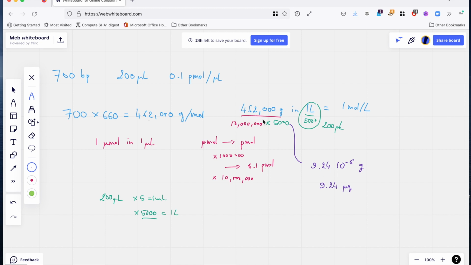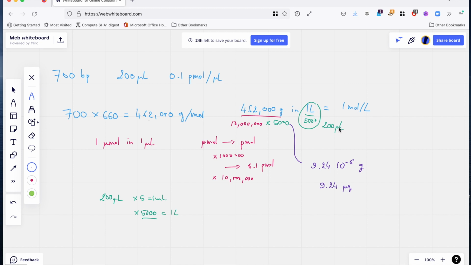And so I'll say it one more time because this is really what matters, is the method. So this here in blue is the mass that you need to put in 1 liter to get that concentration. We want a concentration which is 10 million times less. So we need to put 10 million times less DNA in 1 liter just to compensate for the concentration.